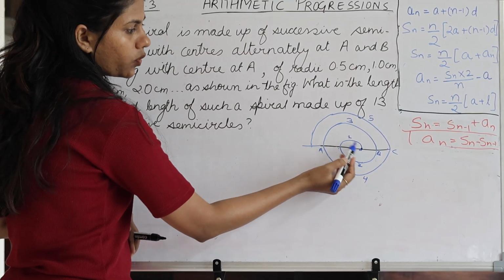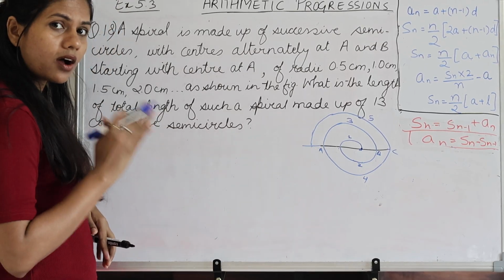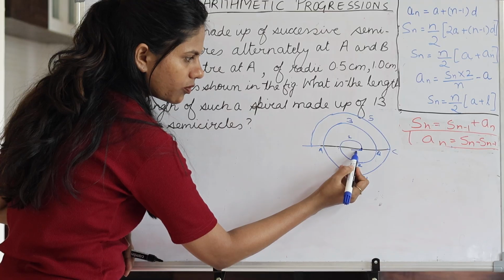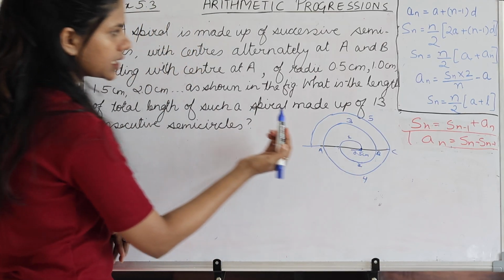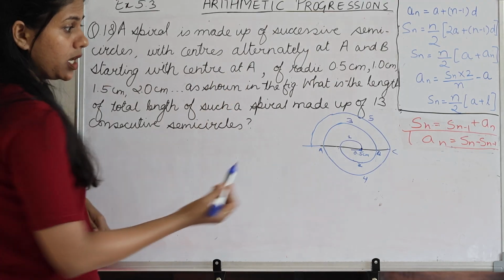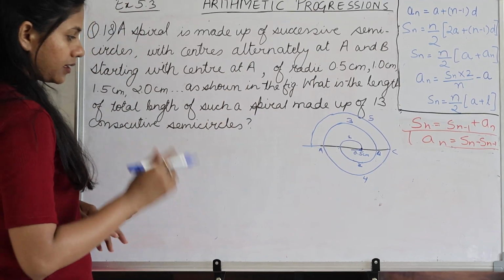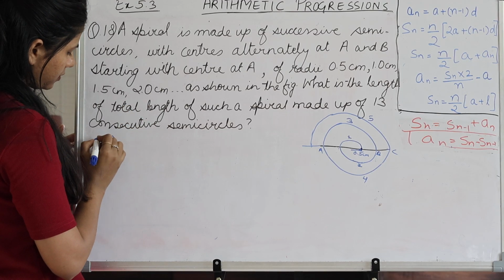So what is 1 here? In detail we will see. 1 is half of a circle, and the initial radius is 0.5 cm. What is the formula of the circumference of a circle?